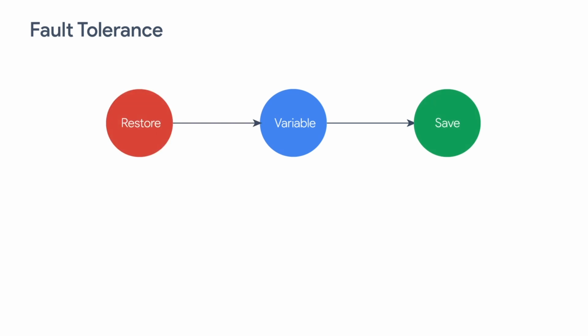Save nodes are executed every n iterations or every n seconds. Save nodes write the content of variable nodes to persistent storage. Similarly, the restore nodes write the data in variables whenever the graph execution restarts. So, this is why graph execution resumes from where it stopped and not from scratch.